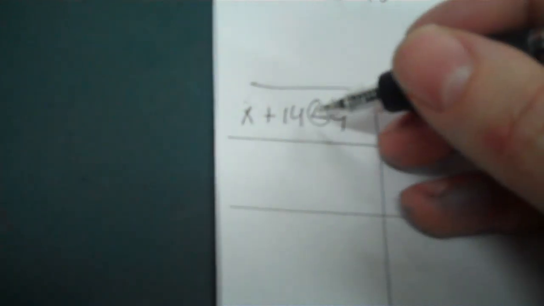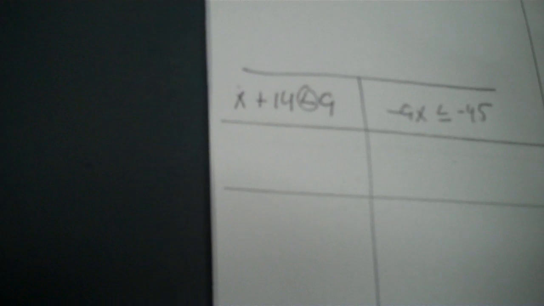So if there's no multiplier, then you would not change the sign. You leave it the same. Okay, I'm not going to circle anything because I don't have multiplication. I just have the plus 14, so the sign stays. So minus 14, minus 14. Line your symbol up. You got x. 9 minus 14 is negative 5. So we have x, negative 5.